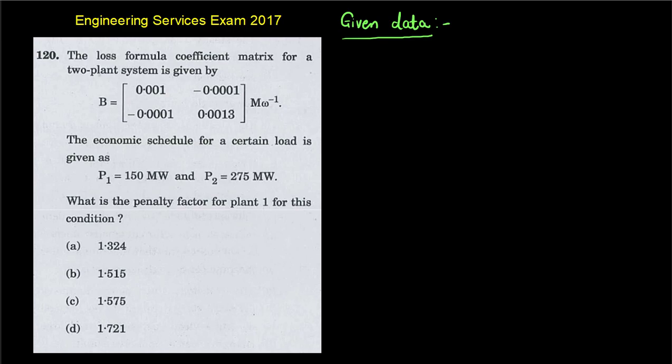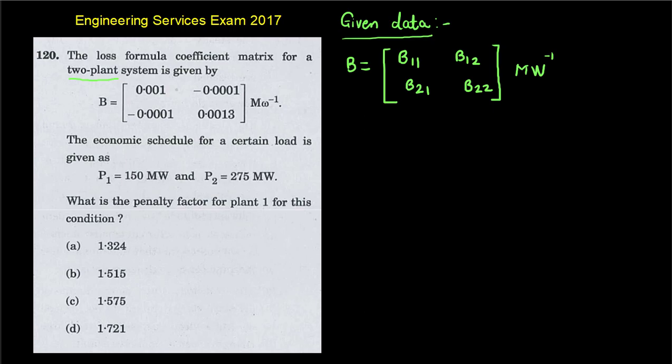Now, because this is a two plant system, we know that the loss coefficient matrix is given as B11, B12, B21 and B22, and the unit of the loss coefficient or B coefficient is megawatt inverse.